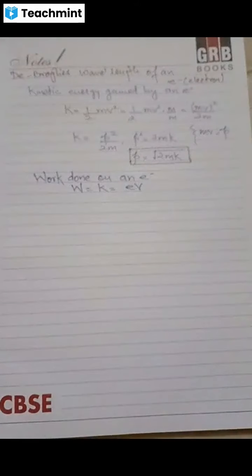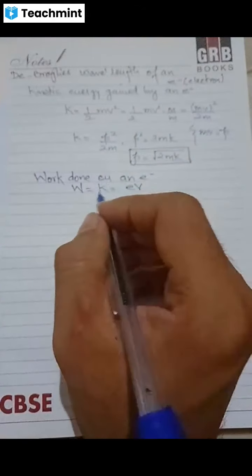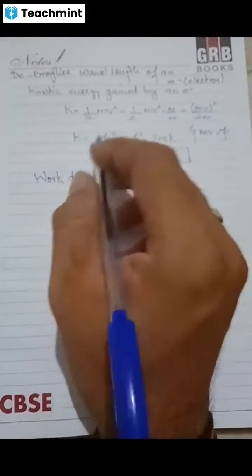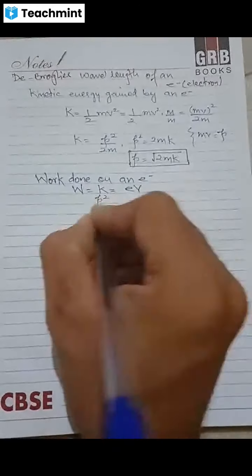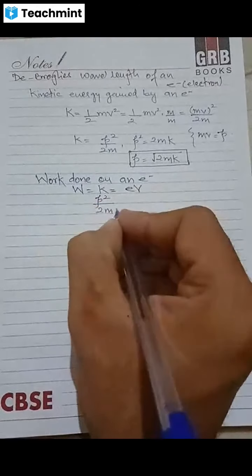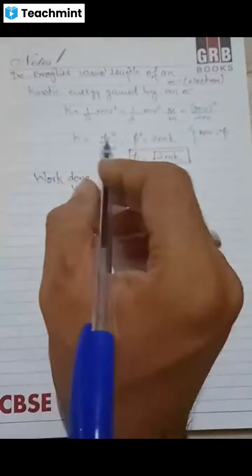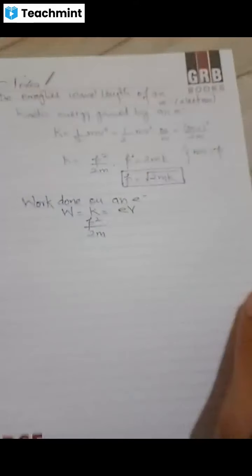Now further, you already know an expression of kinetic energy. The expression for the kinetic energy is equal to p square upon 2m. In the previous expression, it is already there.